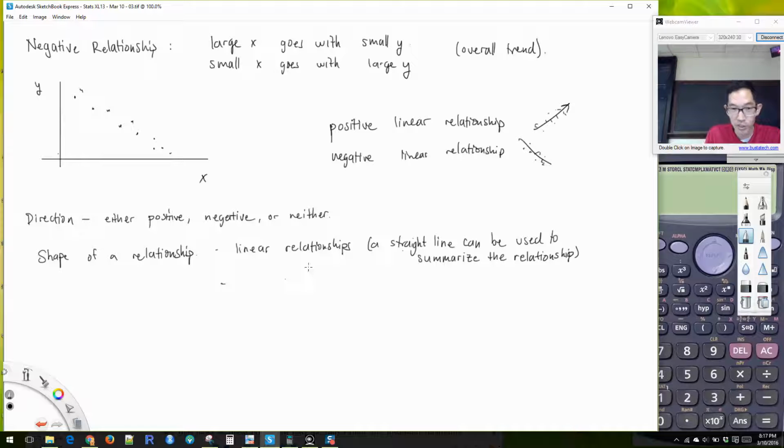So that's linear relationships, and if we're not talking linear, we'll just say nonlinear, which means a straight line will be insufficient or will not do a good job.